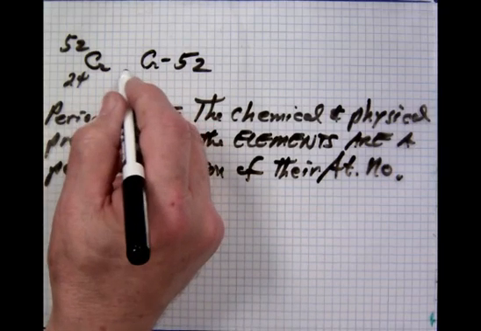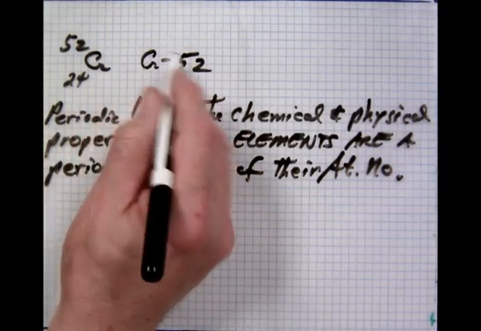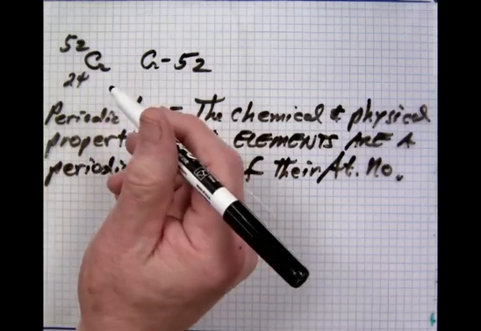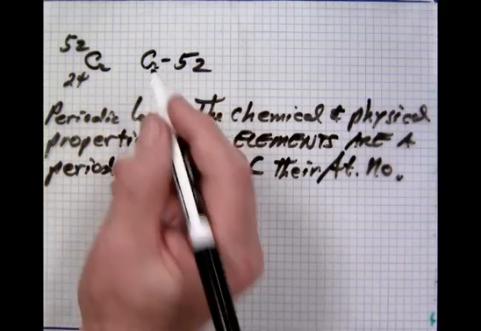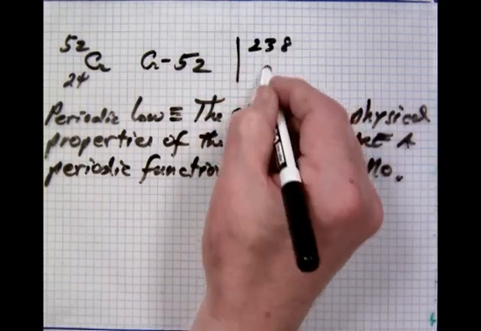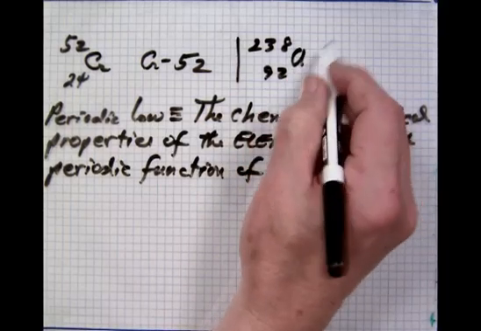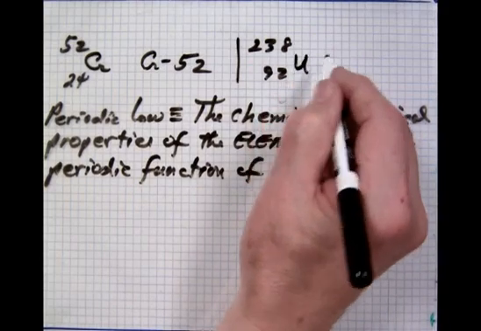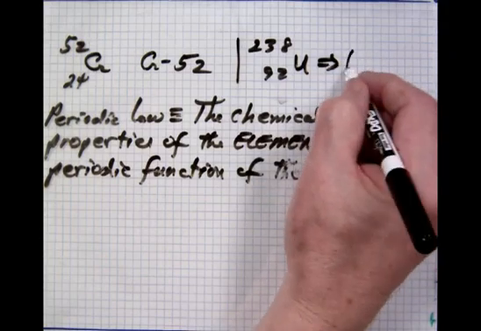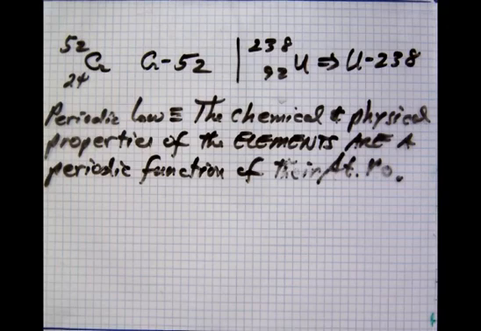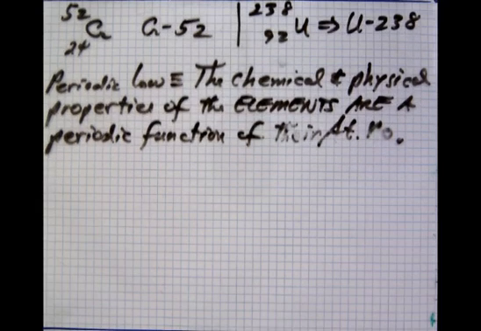So you don't need to put 24 in this notation format right here, because everybody knows that it's going to be 52 is the mass weight. Uranium, for example, we just gave 238, 92, better looking U. Uranium 238. So it's just a method of representing the element and a notation that's typically used.